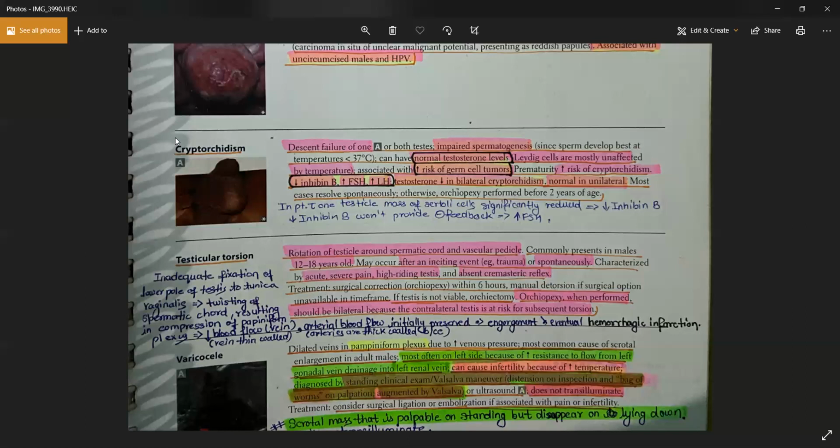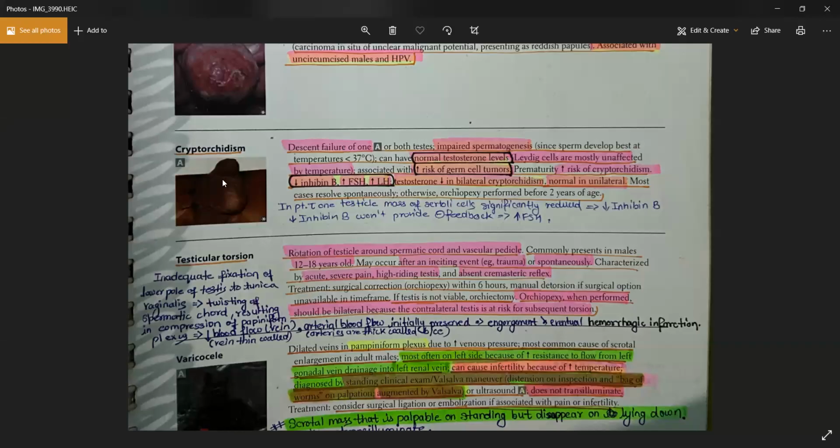I told you what features you will see if you remove one testis. The formation of sperms will be decreased. The testosterone level will become normal eventually because of hyperplasia. Remember, all these feedback inhibitions will get activated. You will have a high level of LH and FSH again. So again, the same thing will be seen in cryptorchidism.